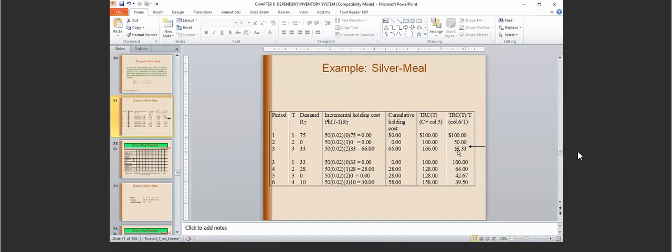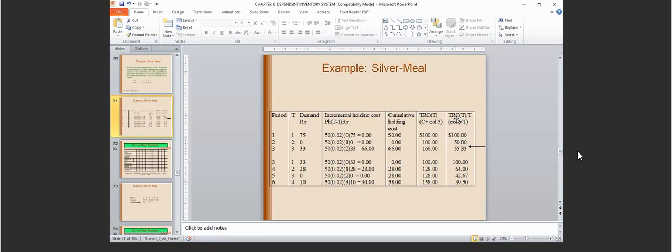Jadi kita akan hentikan analisis kita sampai pada period yang ketiga sahaja dan kita akan menentukan kuantiti pesanan kita berdasarkan average total relevant cost yang terendah.